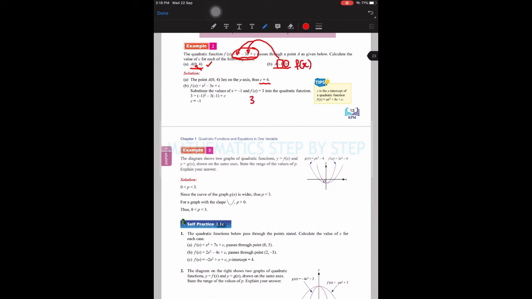So 3 equals -1 squared minus 3 times -1 plus c, okay? Which equals 1 plus 3 plus c, okay? So we know that c equals -1 as shown here, okay? Because we know that this is a point on the graph, so we can substitute it into the function, okay?